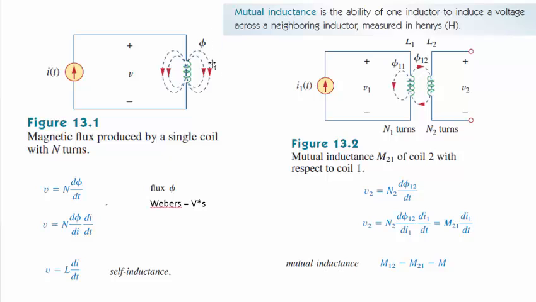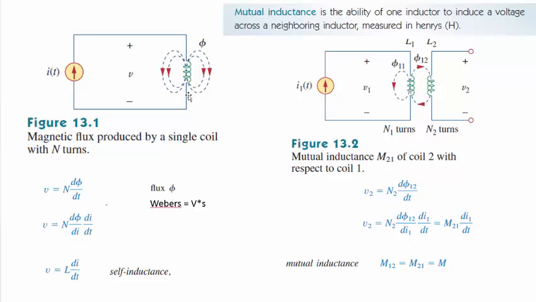And the amount of magnetic field around this coil is called the magnetic flux. Magnetic flux has units of Webers. Your book doesn't tell you the units, but the units of Webers are important. And Webers are actually a volt times second. So units of flux are Webers, and this time varying current through the inductor will produce the magnetic field.